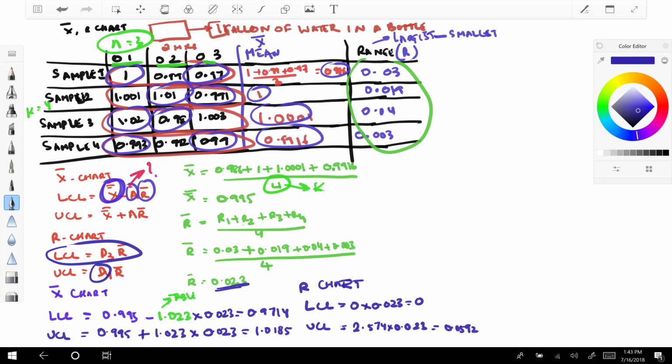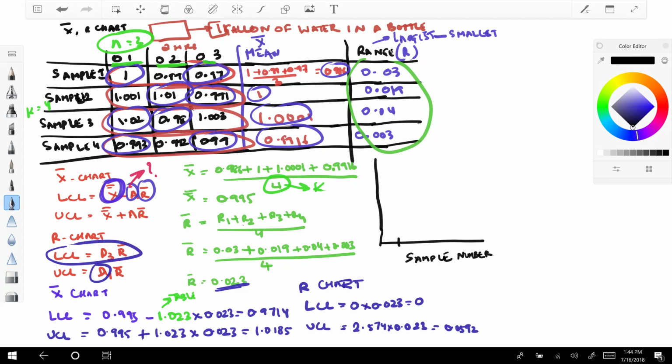So once we have these values, we can plot our XBar chart. So I will try to plot XBar chart here. This is sample number. So I have 4 samples.